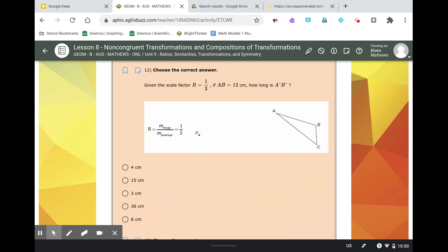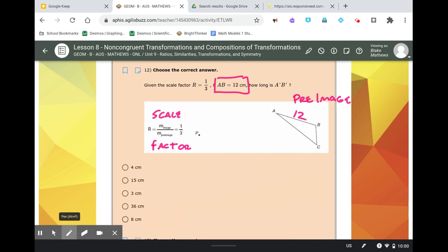So like in this problem, we are given the scale factor. This is the scale factor here. Over here is the pre-image. And then we're given a part of the length of that, which here is going to be 12. So they want to know how much is the other side.